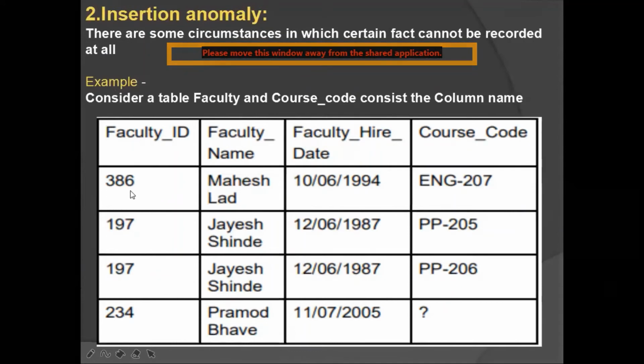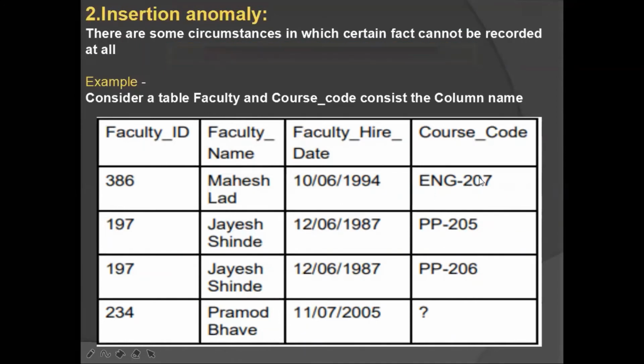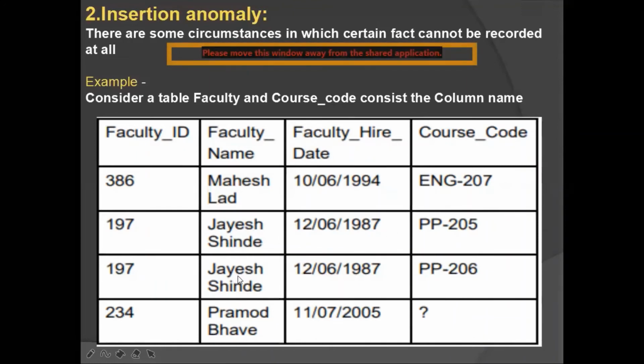So basically, this faculty with 386 ID is taking this course, with the code ENG207, and Jayesh Shinde is taking PP205, and again Jayesh Shinde is taking PP206. Pramod Bhave, you'll understand why this is a question mark.